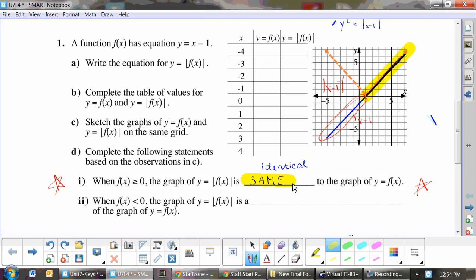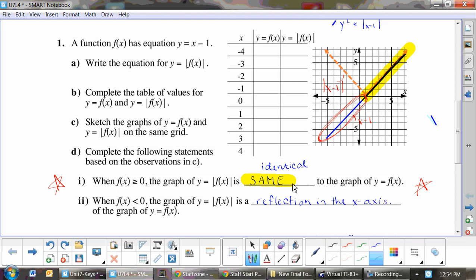Stays the same. Okay? When the function is less than 0, so the negative function, which is this part I've circled right here, the graph of the absolute value is the reflection. Okay? So it's a reflection in the x-axis.